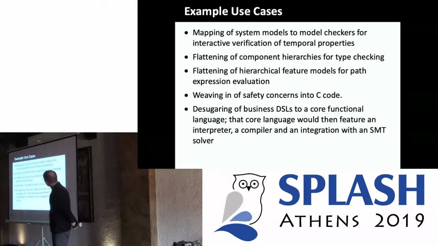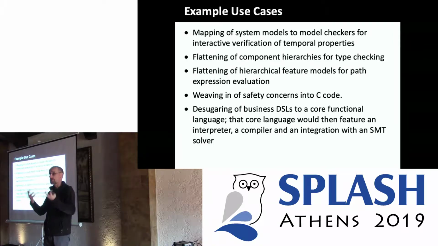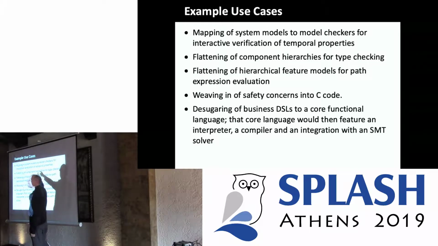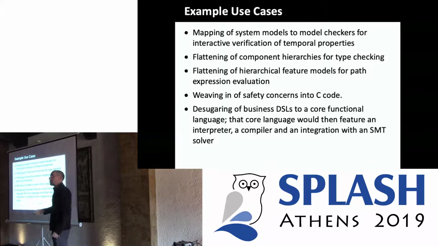So we have several use cases. For example, whenever you have some hierarchical instantiation thing, for example, components with nested component instances and connectors, or feature models with nested instances of other feature models, in the context of product lines, many analyses are easier once these hierarchies are flattened. And so one use case is that we run the flattening transformation and we have the big flattened model as the shadow.